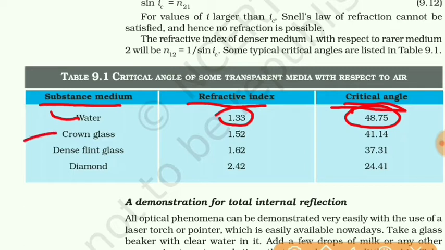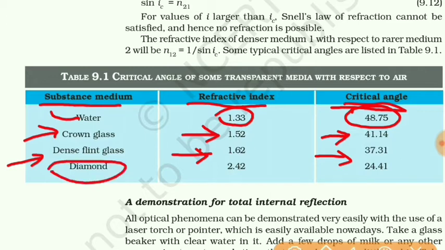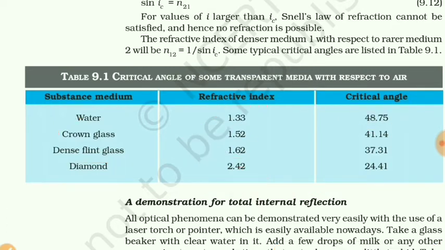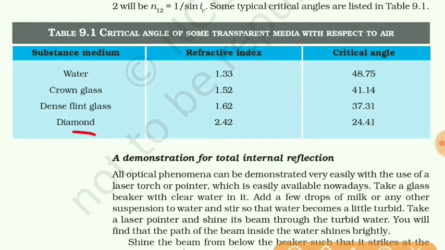Crown glass has a refractive index more than that of water, and so the critical angle decreased. For dense flint glass, the critical angle decreases further, because as refractive index increases, critical angle decreases. And for diamond the refractive index is highest, 2.42, and its critical angle is lowest, and this is the reason why the diamond glitters.